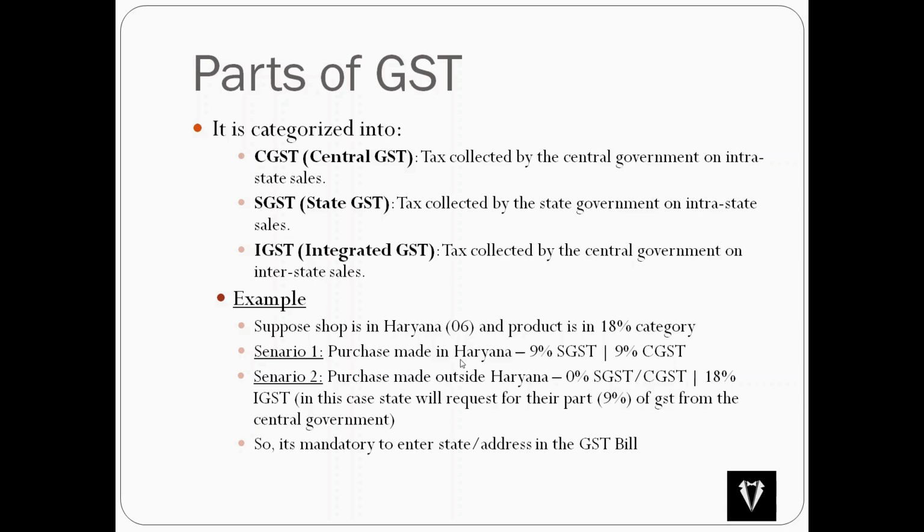This is mandatory in the GST bill. If you see any GST bill, your address will be written in it, which we can claim. Otherwise, you cannot claim that GST bill. If you want to claim the GST bill, the complete address needs to be there.